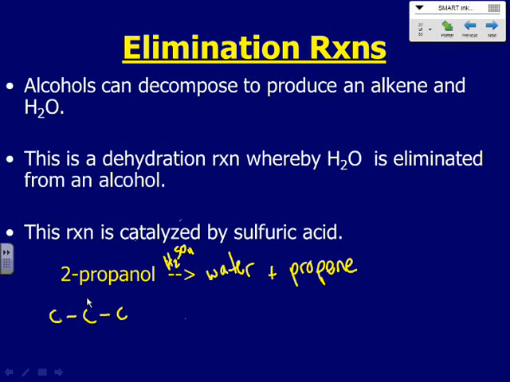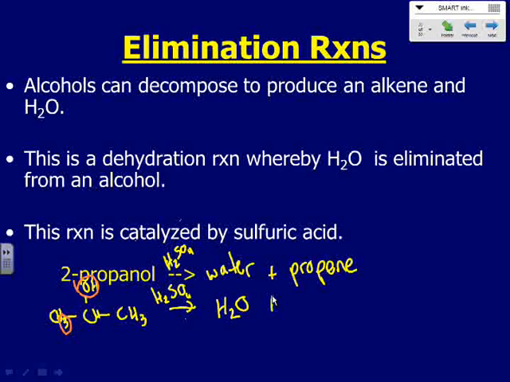C, C, C, OH, H3, H, H3. The concentrated sulfuric acid as a catalyst, that's why I write it above. That's going to rip off a water, and that is going to come from here, and it's going to come from one of these guys. Or one of these guys, doesn't matter. In this case, it makes no difference.